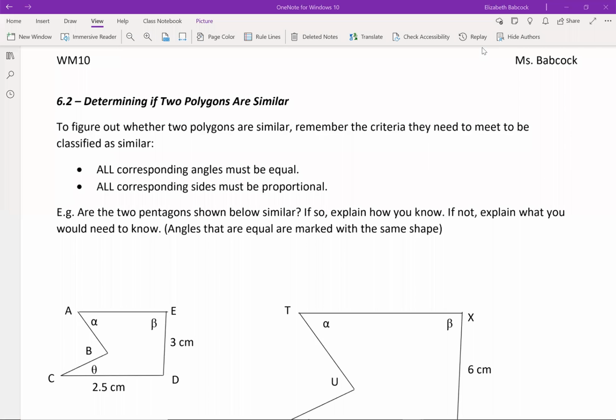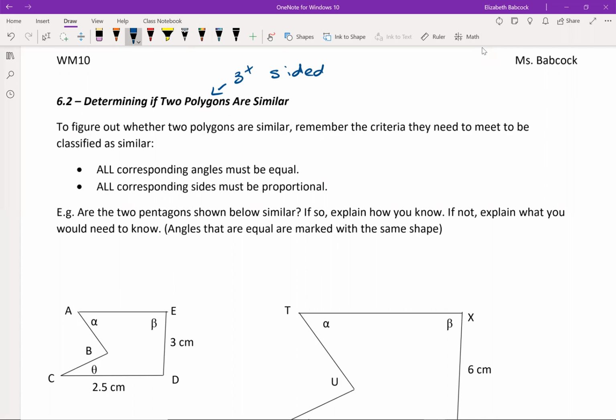Okay, this is 6.2 and all about determining if two polygons are similar. Remember, polygons are 3 or more sided shapes that are closed, where each line meets two more.